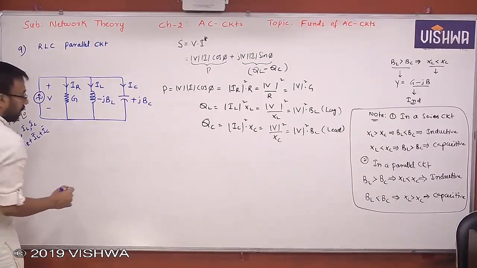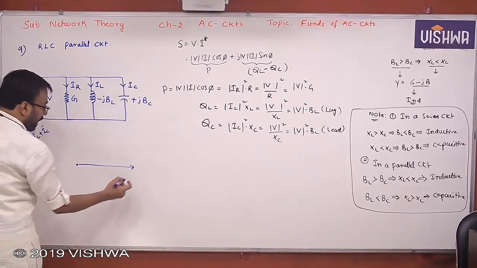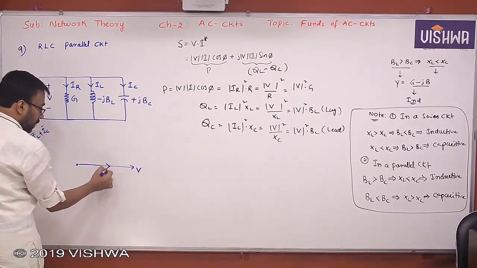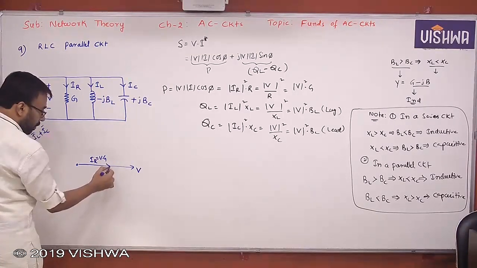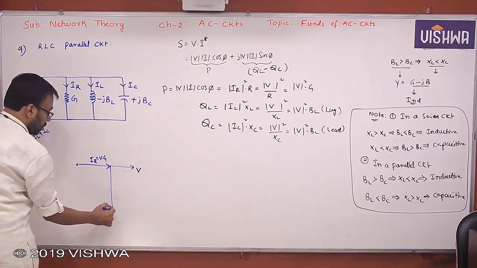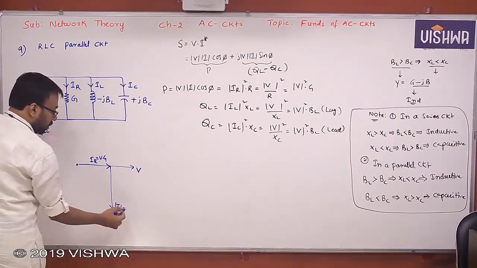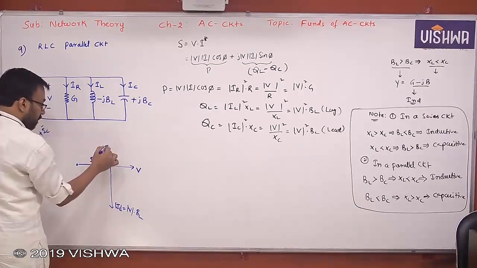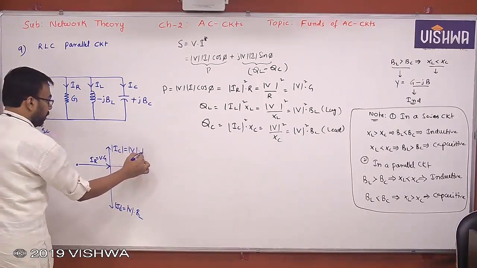First, let me take V as a reference phasor, because we know that in a parallel circuit V must be taken as a reference phasor. This is IR, V into G, this is IL, V into BL, this is IC, V into BC.